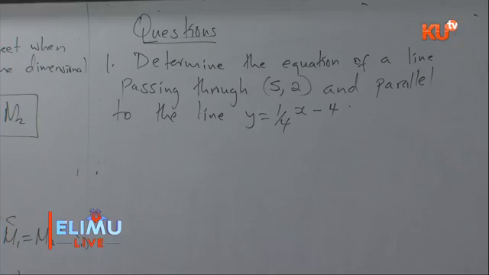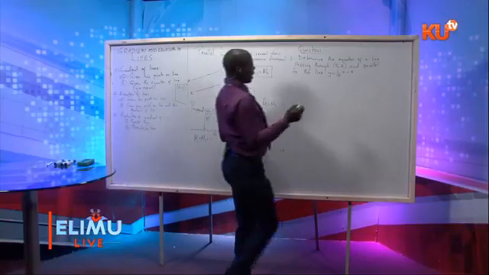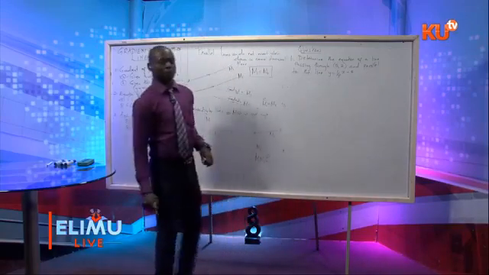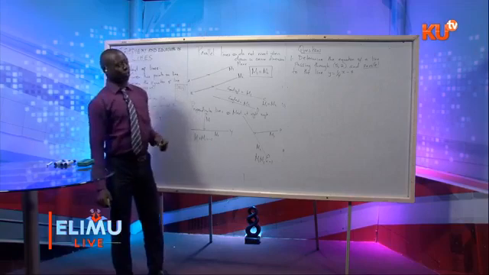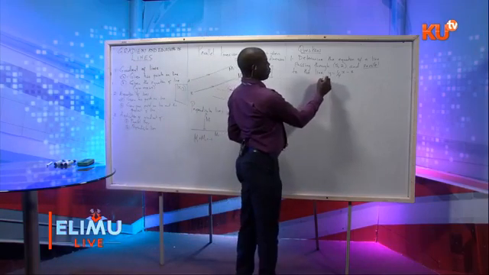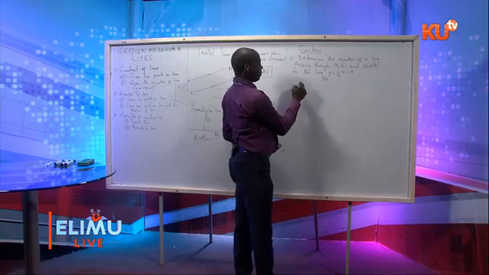So the key thing here is that these lines are parallel. If they are parallel, we need to identify their gradient.